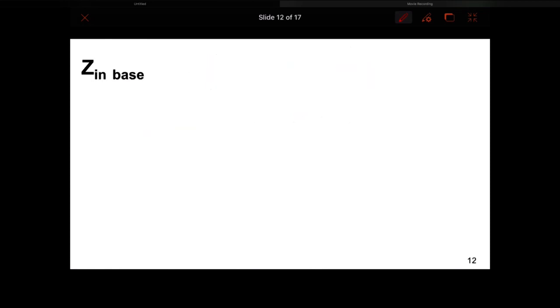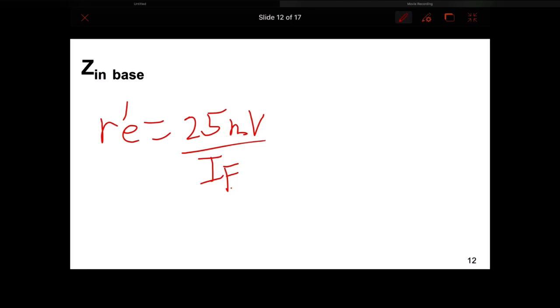Z in base. Okay, we need R prime E. That's 25 millivolts divided by IE. So that was 25 millivolts divided by 18 milliamps we worked out earlier.